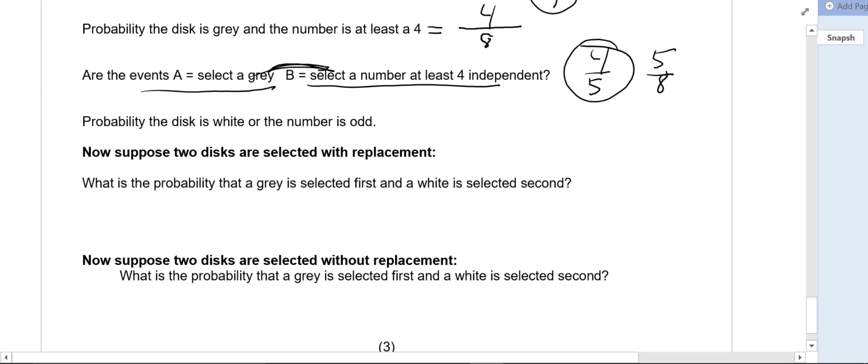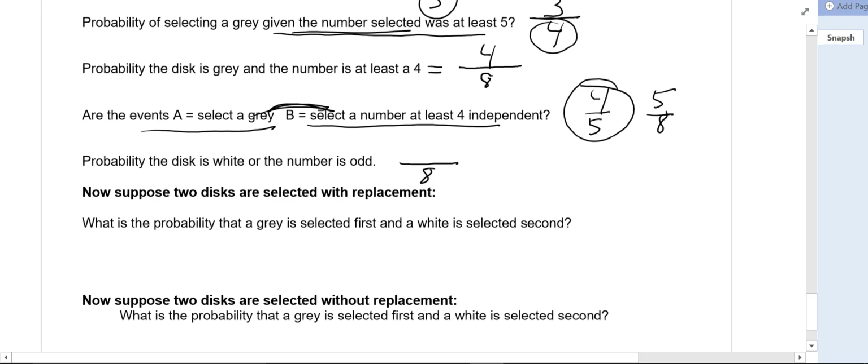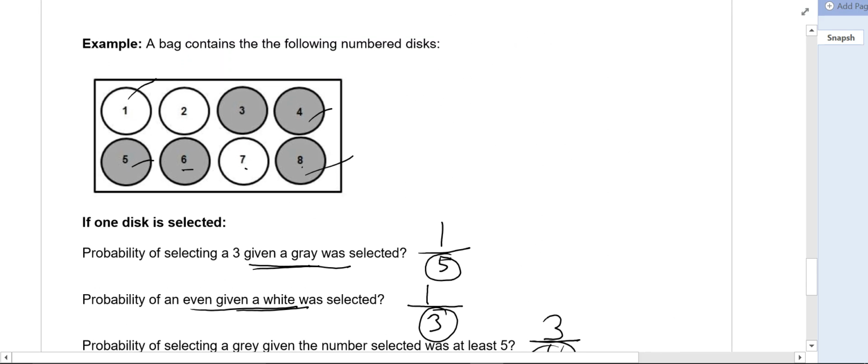The probability a disc is white or the number is odd. What's the probability the disc is white or the number is odd? Well, again, we have 8 discs. We need the disc to be white or odd. White, white, odd. Let me use a different colored marker here. White, white, odd, odd, odd, white, odd.